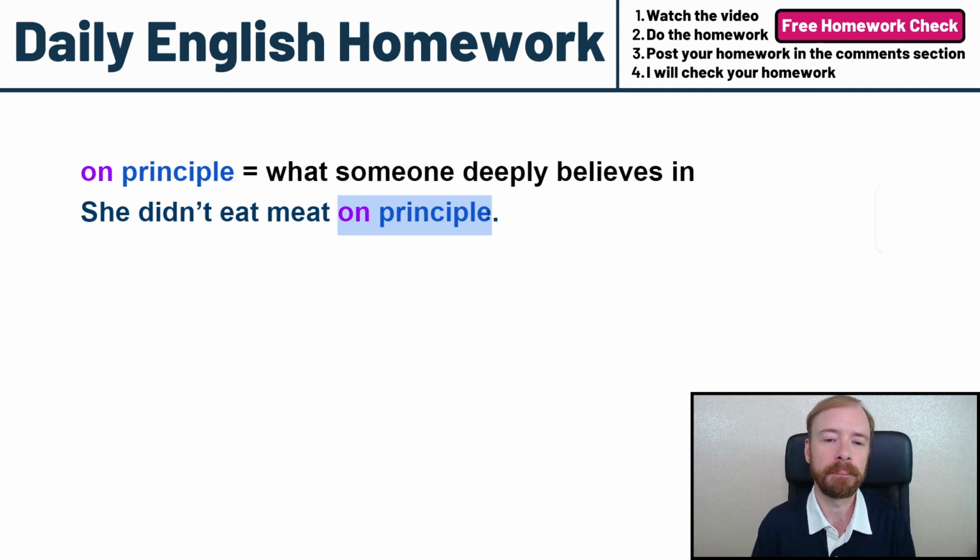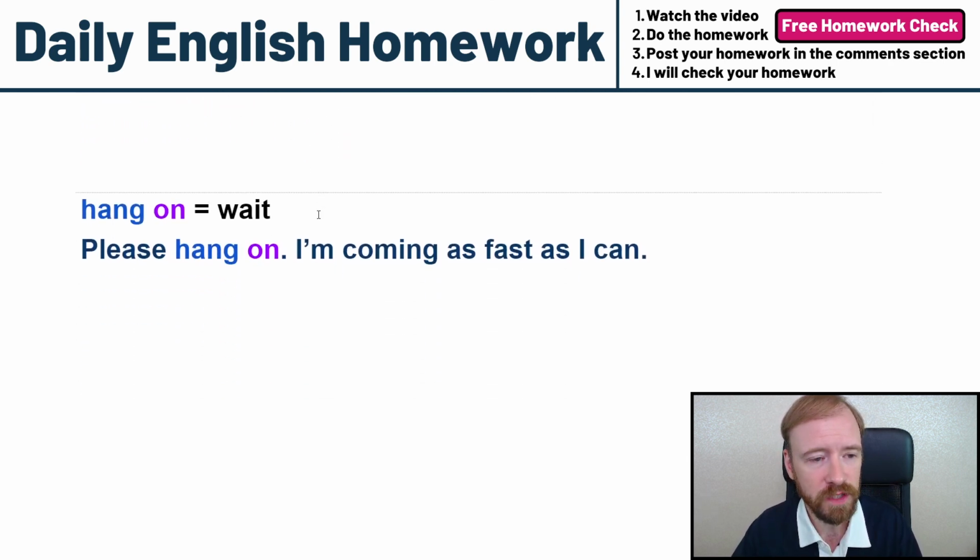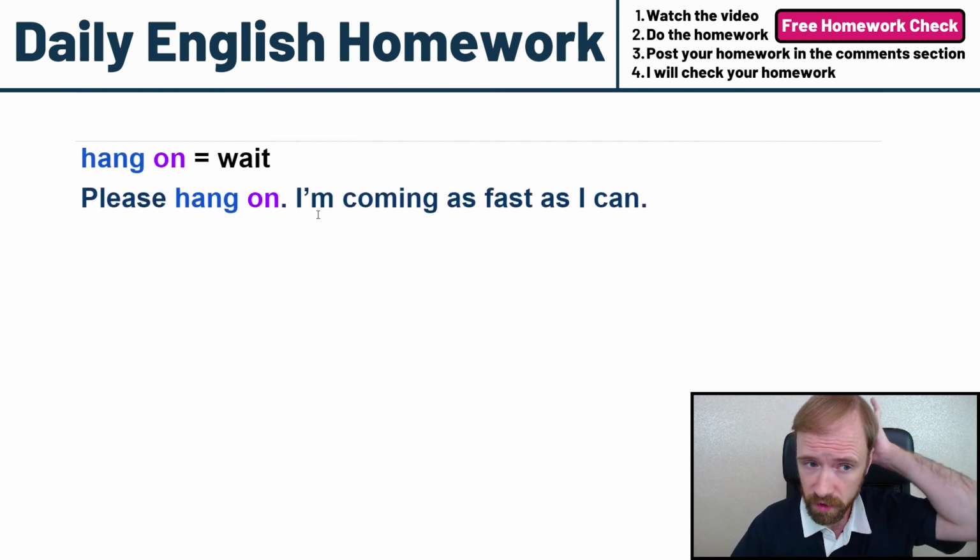Her principles, her values, maybe she's a vegetarian. She doesn't want to kill animals. She doesn't want to hurt animals. Those are her beliefs. Those are her values. So she didn't eat meat, and the reason for that is on principle. She deeply believes that we shouldn't eat meat.